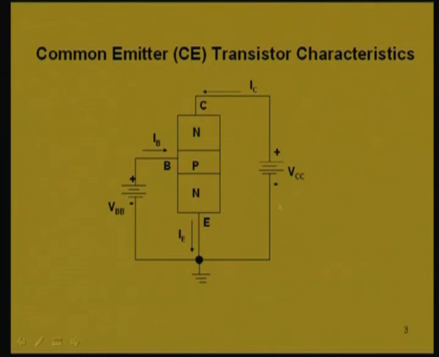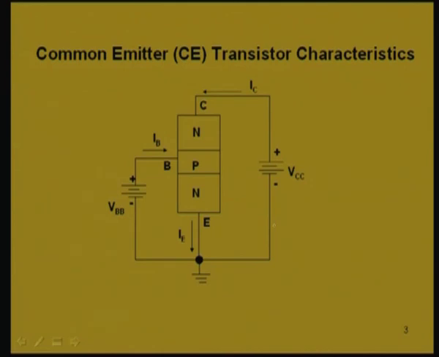The collector is N and the base is P, so the collector will be at a higher potential with respect to the base, ensured by this biasing voltage VCC. In this configuration, let us now explore the two characteristic curves.